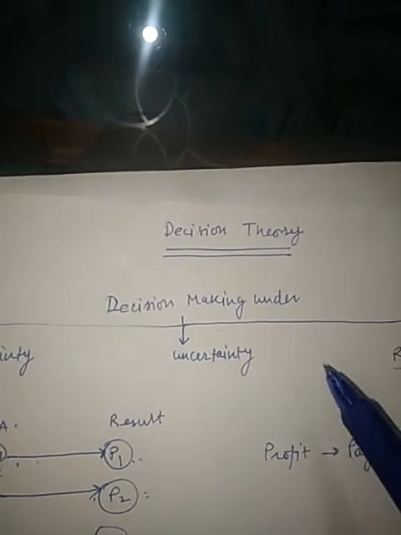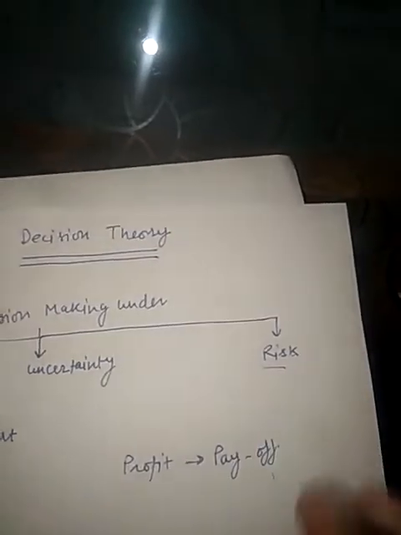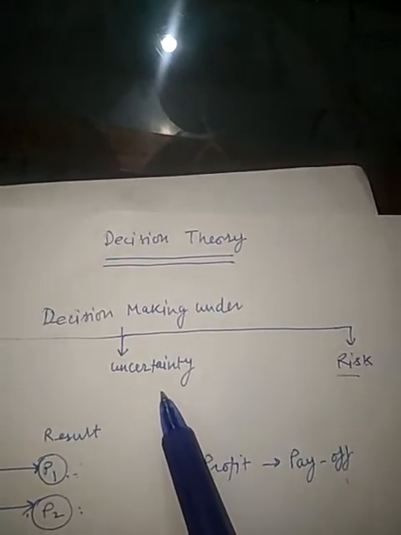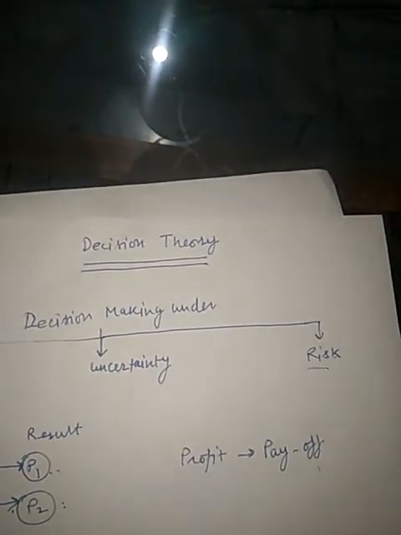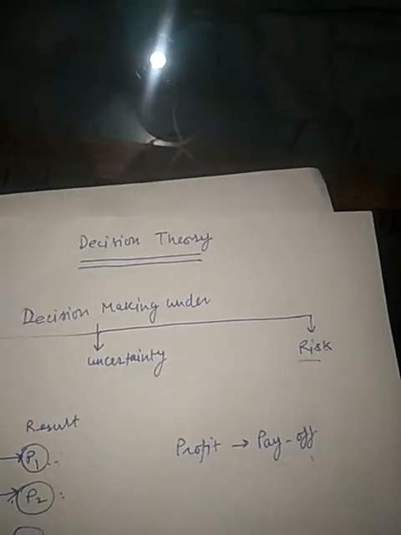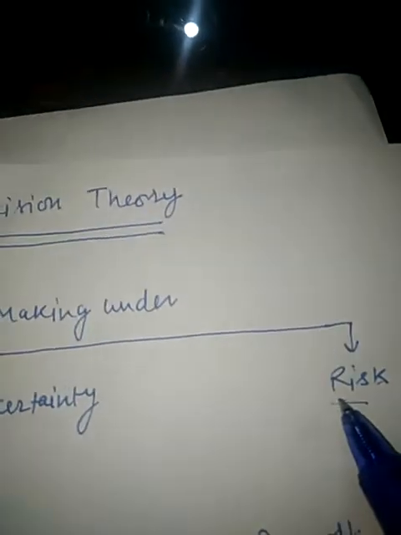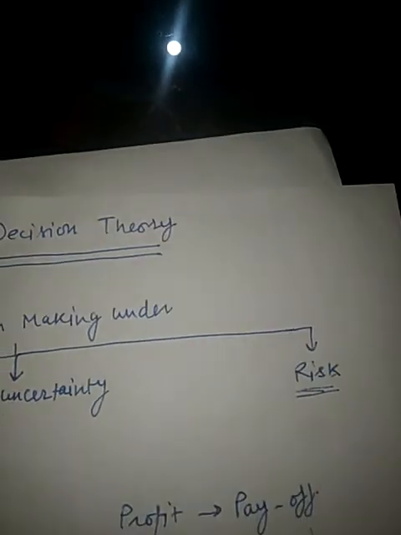And when you have more information than in decision making under uncertainty, the extent of information availability is one step ahead. In decision making under risk, you are provided with the probability of occurrence of each state of nature.